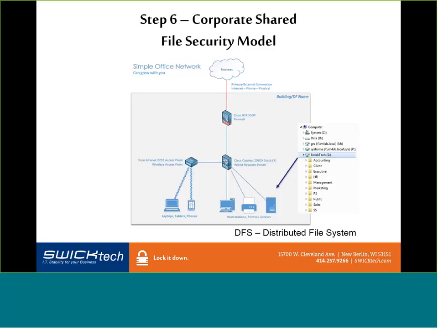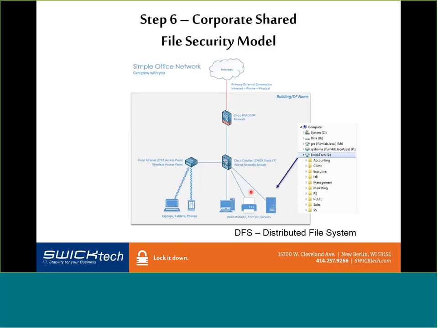The other thing that we do is we recommend using what's called the distributed file system. What that does is it allows you to reference a physical location of files with a logical name. So in this case, the logical name is SwickTech. It's physically stored on the server.